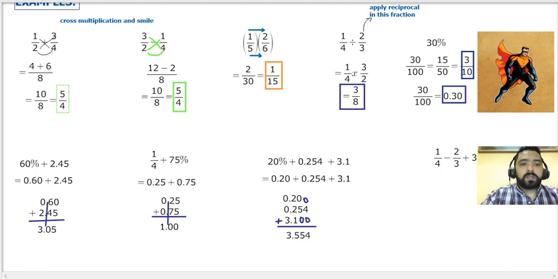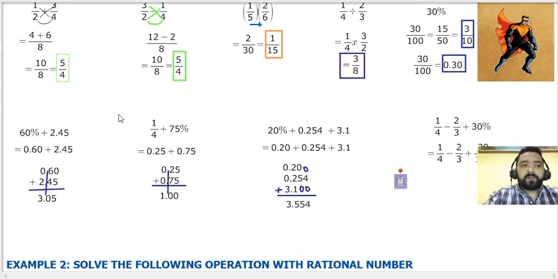Now, in this case, pay attention, because you have fraction, fraction, and this percent. So we are going to convert the percent into a fraction. So 1 over 4 plus, in this case, minus 2 over 3, and the percent we are going to convert to a decimal over 100. Remember, because we changed the percent into a decimal. And then you are going to apply the happy face with these two: 1 times 3, 4 times 2, 4 times 3.